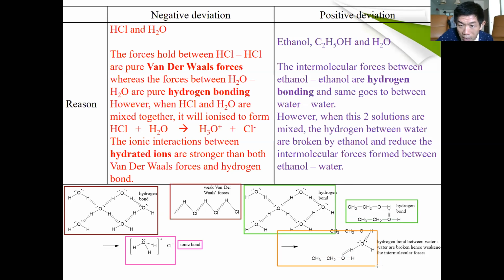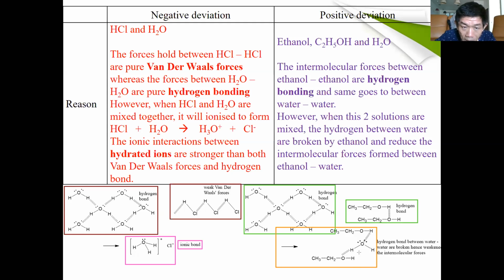So now water no longer interacts only with water, it now also interacts with alcohol. This breaks the number of hydrogen bonds inside water, hence weakening the intermolecular forces. Okay, so in another word, after mixing ethanol and water, the intermolecular forces between water molecules have decreased because they are now interacting with ethanol, therefore it has a positive deviation.